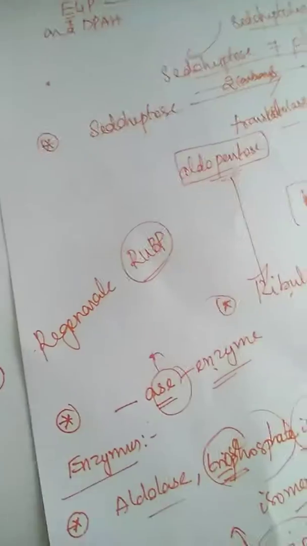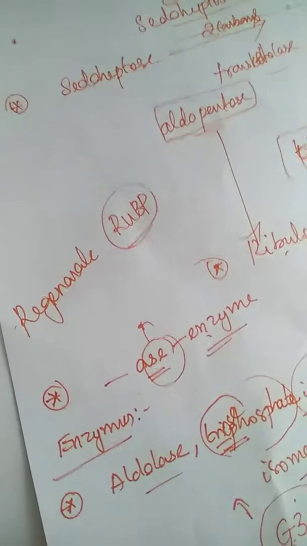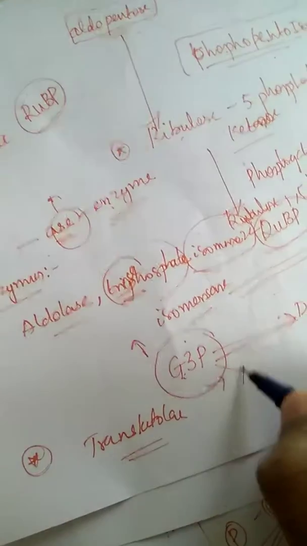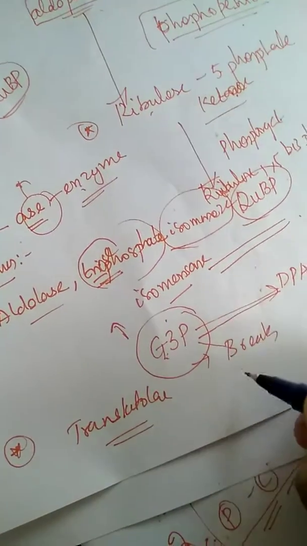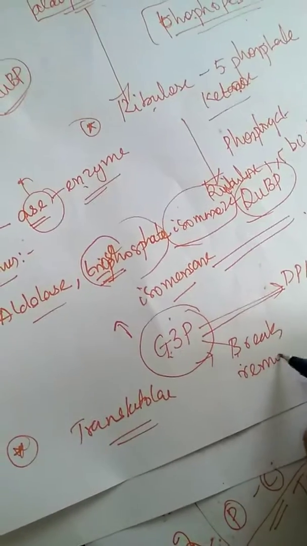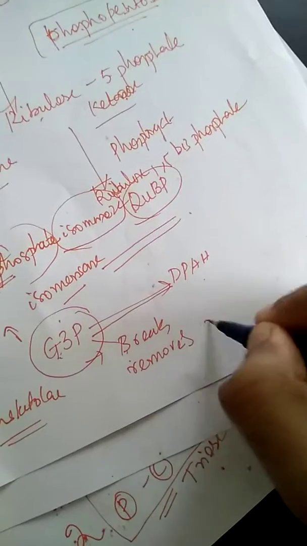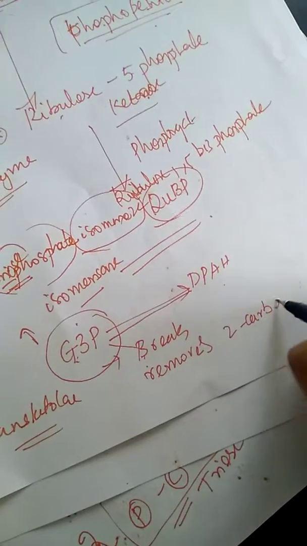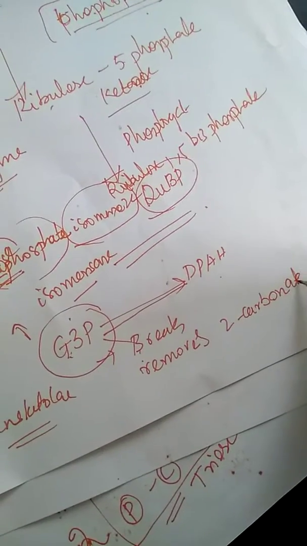Then we use another enzyme called transketolase. What happens? This enzyme removes 2 carbon atoms. What's the function of this enzyme? I'm going to tell you what it does.